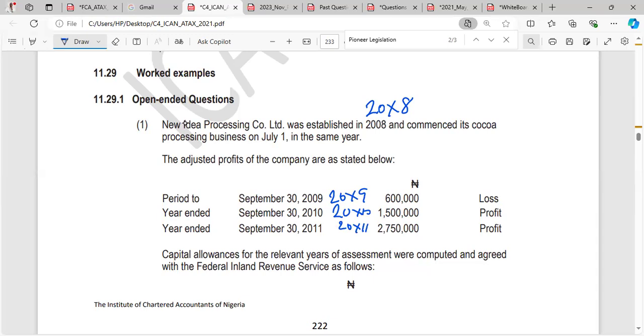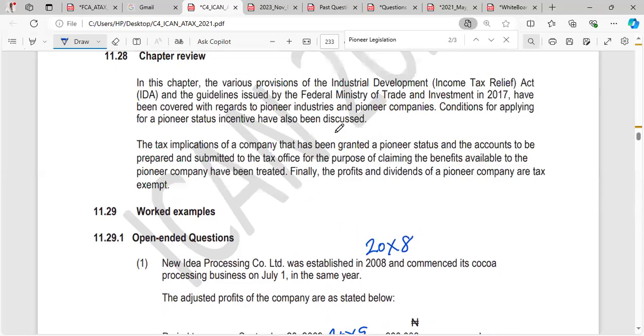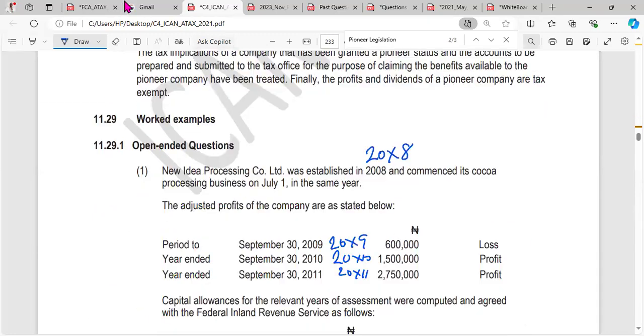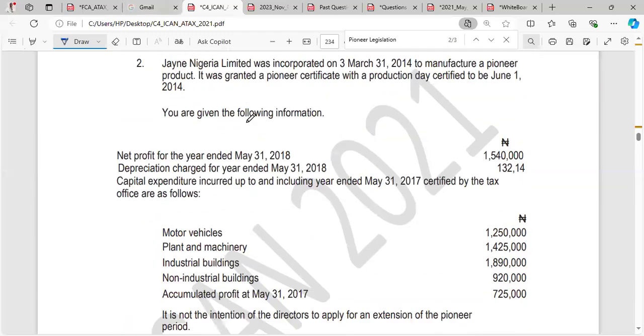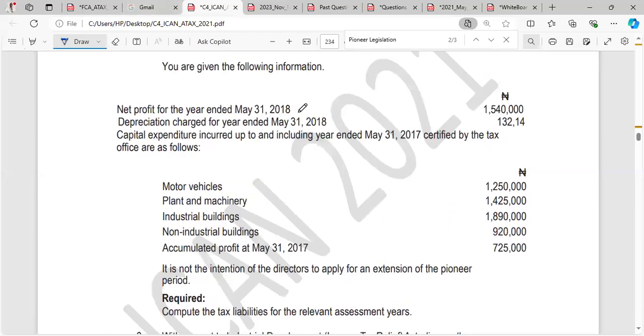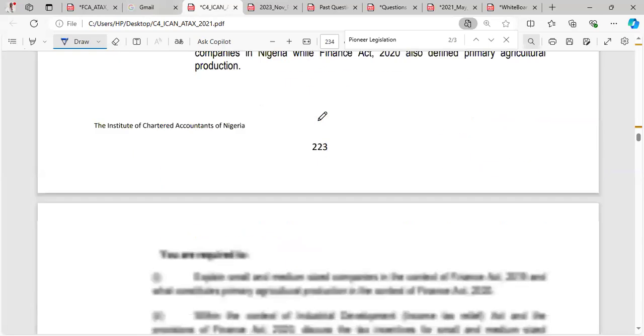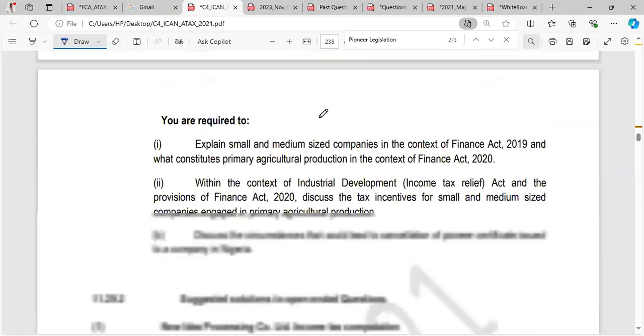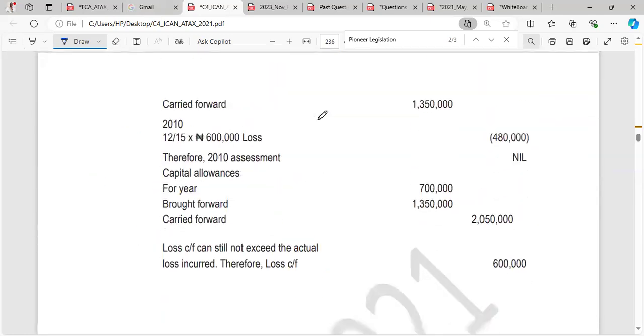So that way, you can assume that you can use the New Finance Act. The same thing here. In this one, you don't need to change anything. You don't need to change.